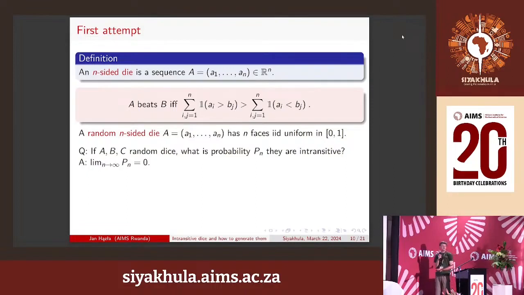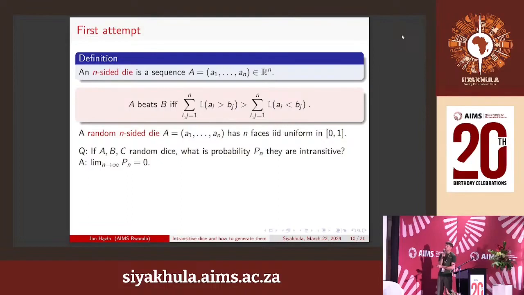So now the question we want to ask is, will this give us a lot of intransitive examples? The mathematical way to say it is, if A, B, C are random dice, what is the probability, Pn, where n is now the number of faces, that they are intransitive?